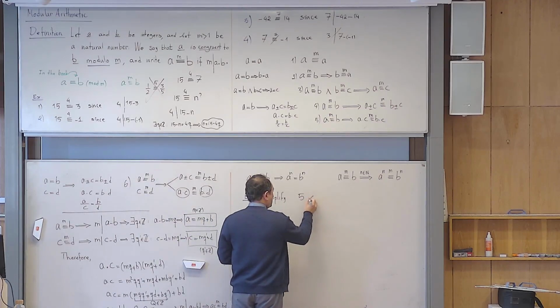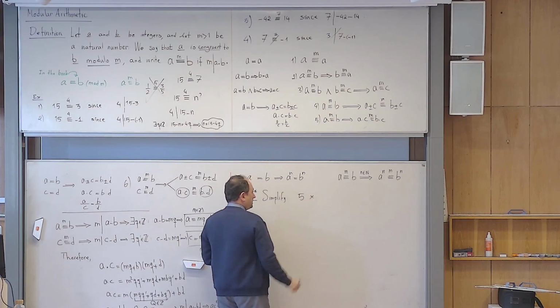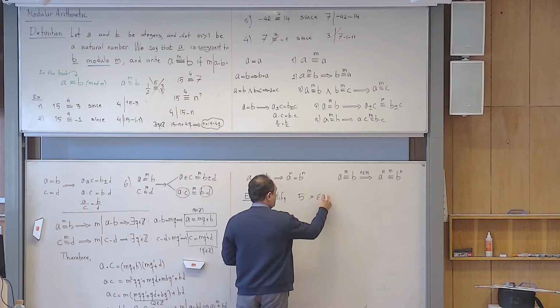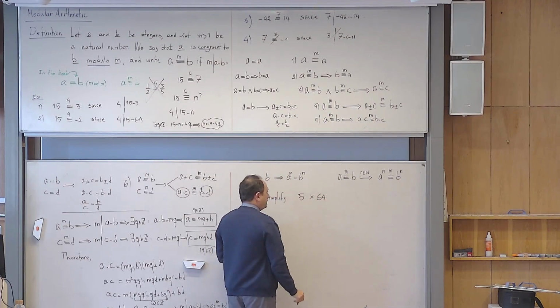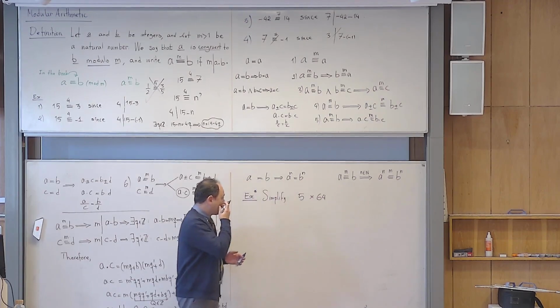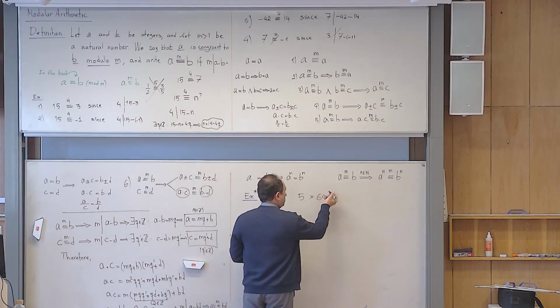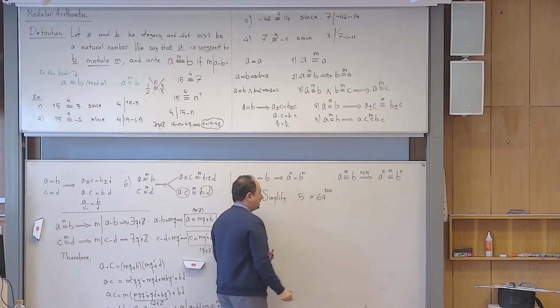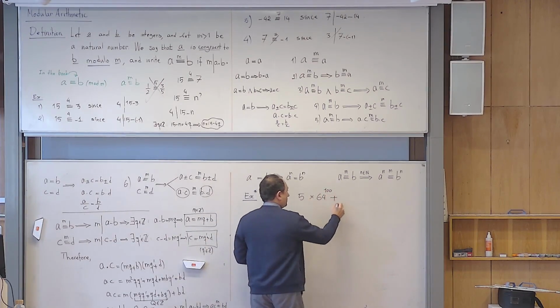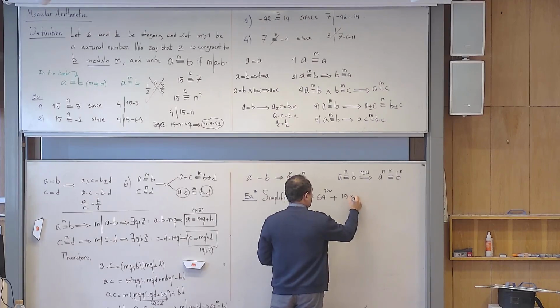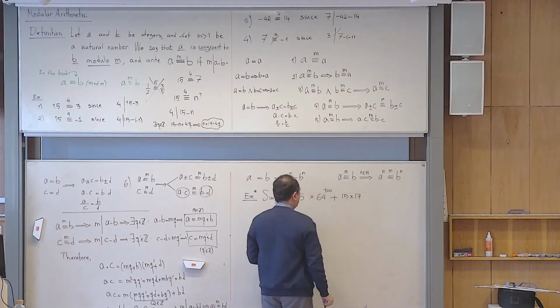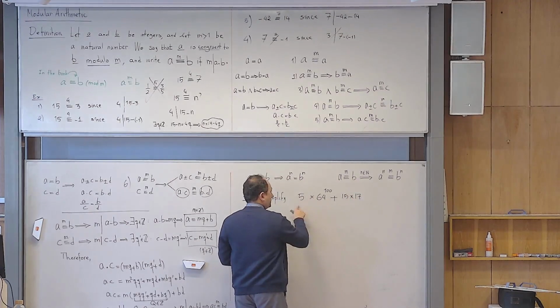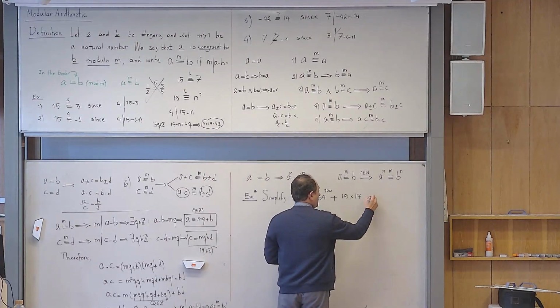Let me use this symbol for multiplication. 5 times 64 to the power of, let us say 100, and then plus 15 times 17. Simplify this number that you see in modulo 7.